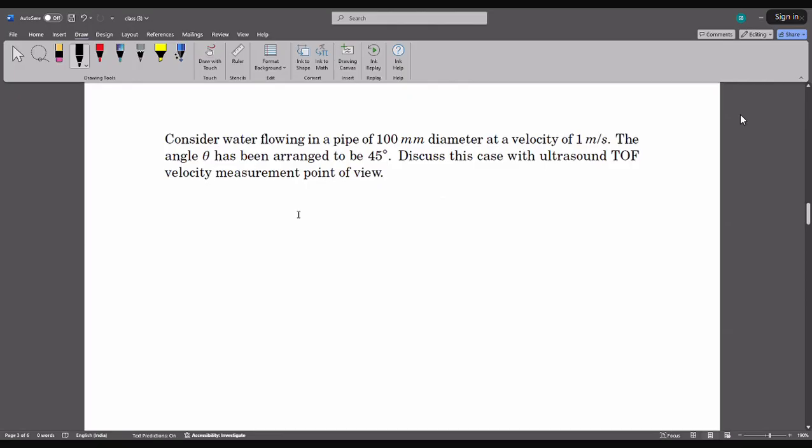So this question talks about a time of flight instrument for measurement of velocity. And we have discussed that this works based on the principle of Doppler effect.